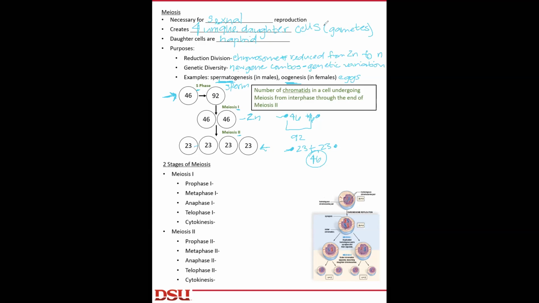Let's go ahead and look at these stages now. I'm actually not going to write out every little step, because frankly, if you go back and look at the steps of mitosis, that's what's happening here. I can add the prometaphase right here too if I want.